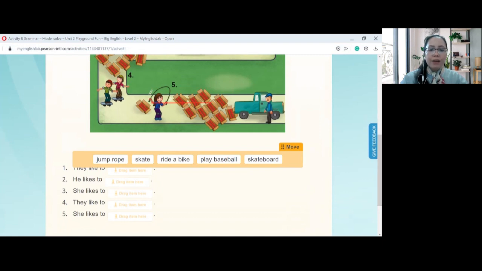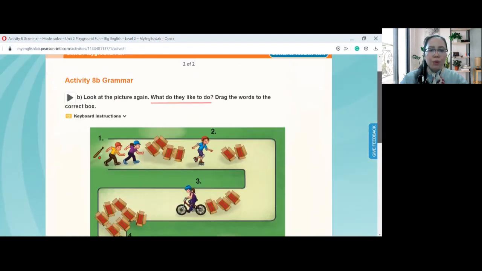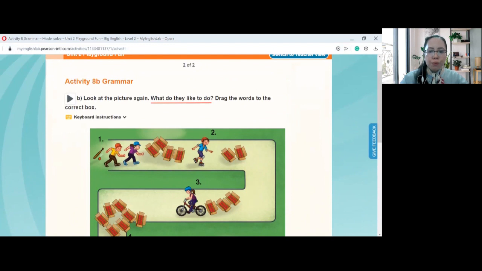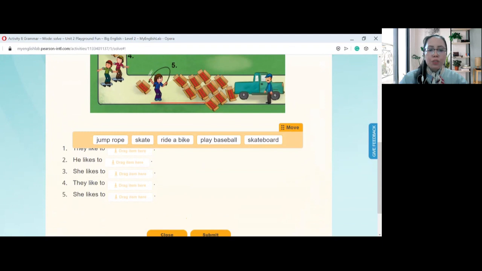Here I just move these phrases to the right places. For example, number 2, ya, he likes to, what does he like to do here? Oh, since he is wearing skates, so I have to pick, yeah, the word skate.